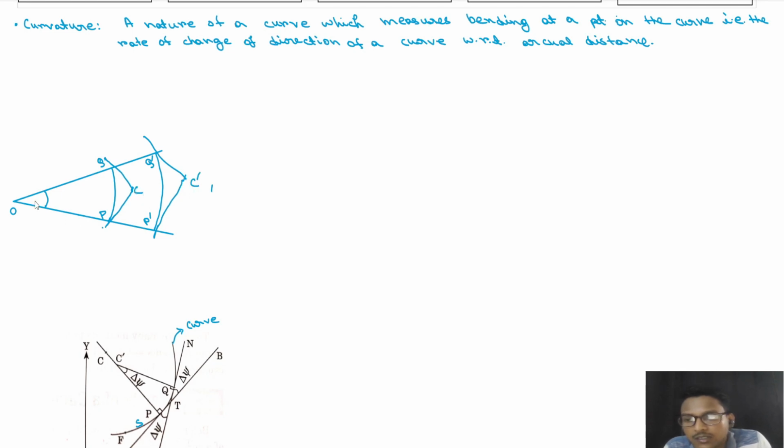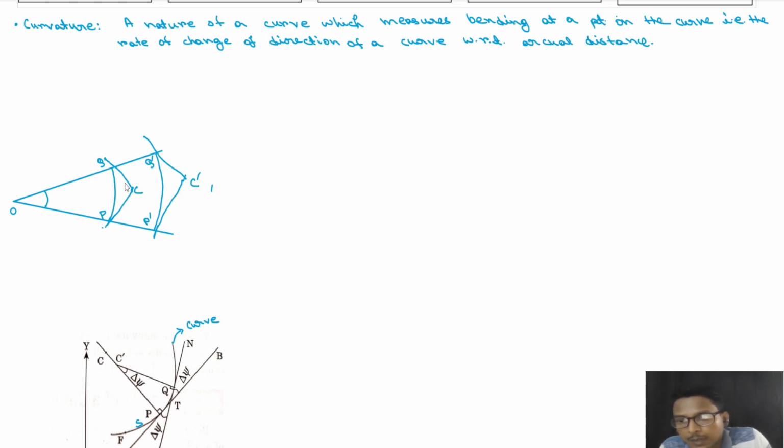So by default OP will be perpendicular to PC and OQ will be perpendicular to CQ, and similarly OP dash and OQ dash will be perpendicular to C dash P dash and C dash Q dash respectively, as these are portions of concentric circles centered at O, and we know that the radius of a circle is always perpendicular to the tangent.